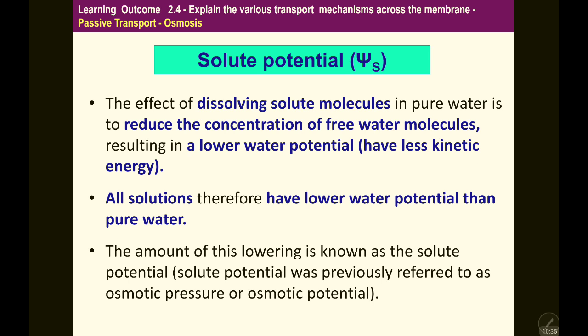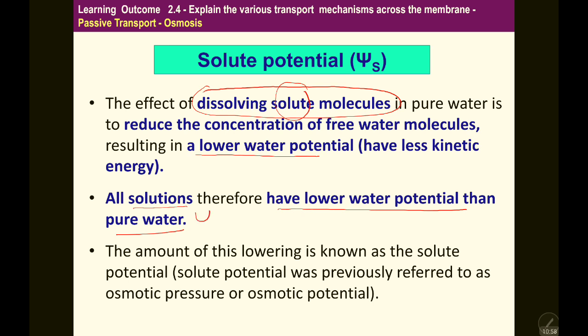Solute potential. All cells have dissolved solute molecules. All cells must have some solute molecules. Therefore, it will lower the water potential of the cell. So all cells, all solutions, have lower water potential than pure water. Why?